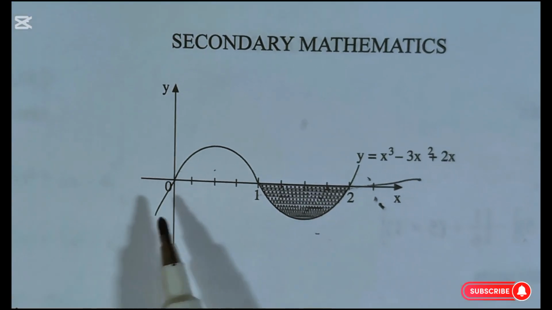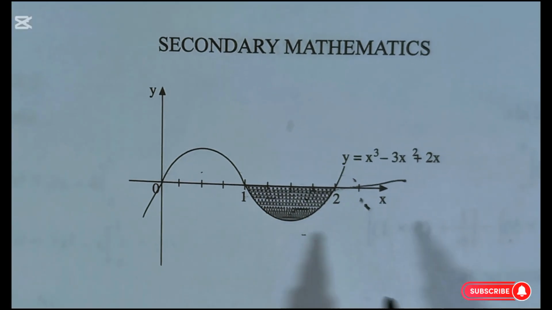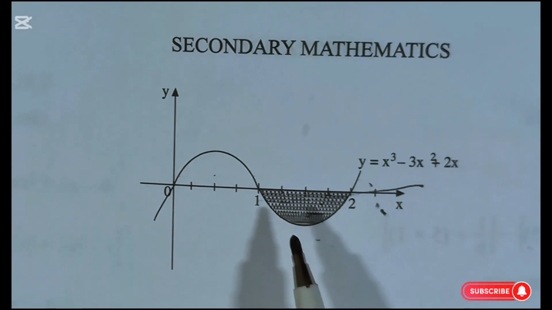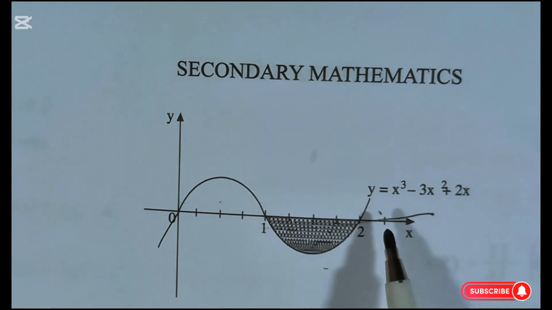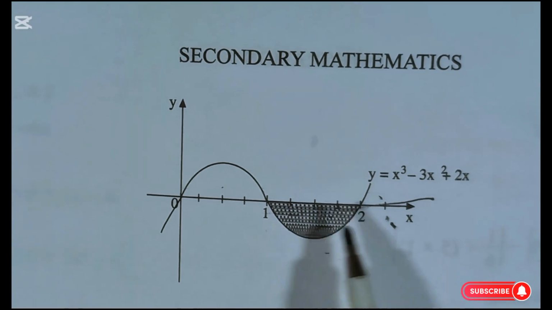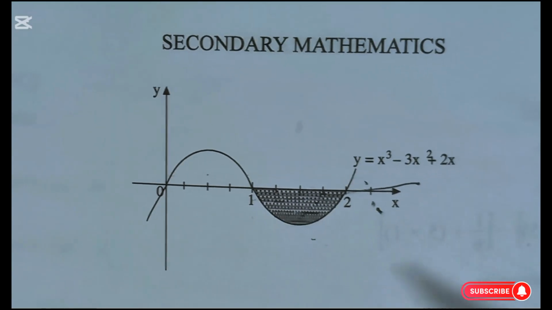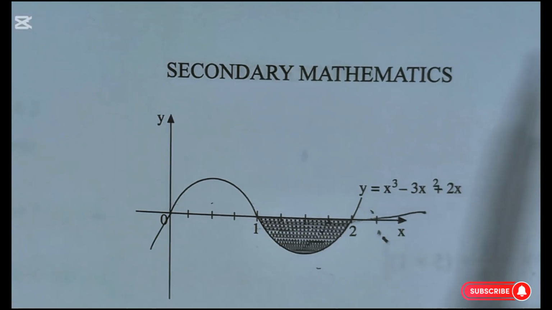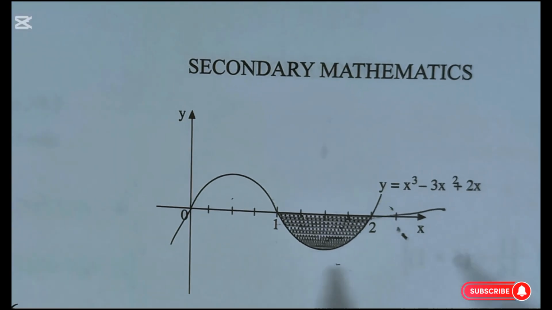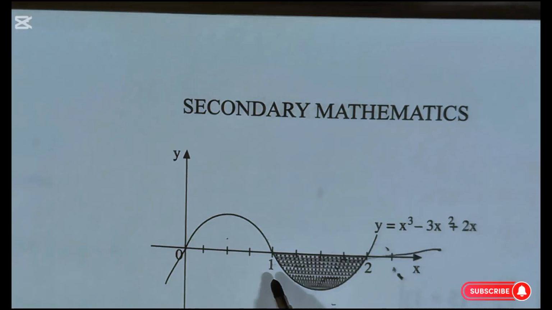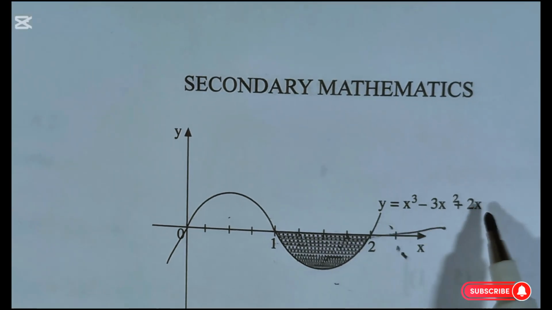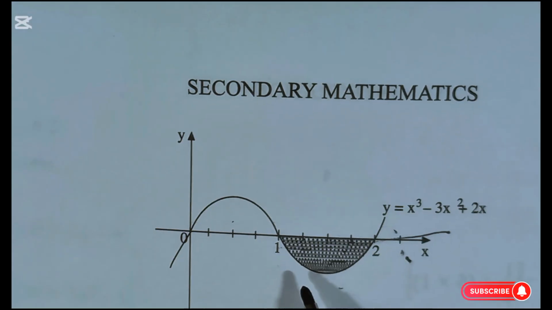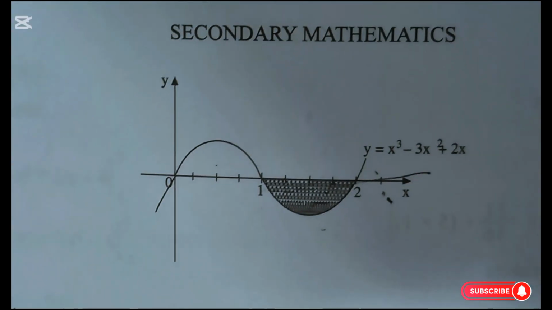Now, looking at these three roots, we can clearly tell that our limits are within range. We've been told to solve for the area bounded between x = 1 and x = 2, so it is within range. We are not going to be worried, there's nothing outside of range here. So basically, we will focus on integrating y dx with the limits 1 and 2.